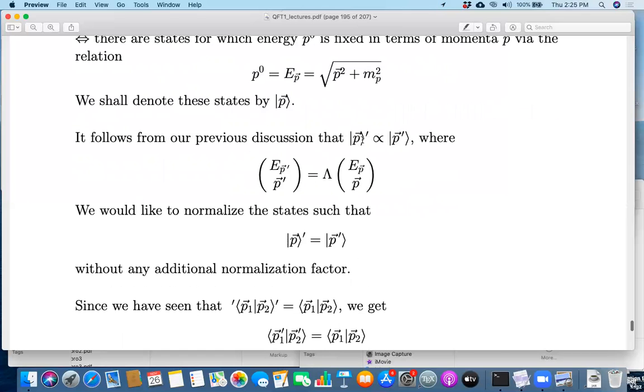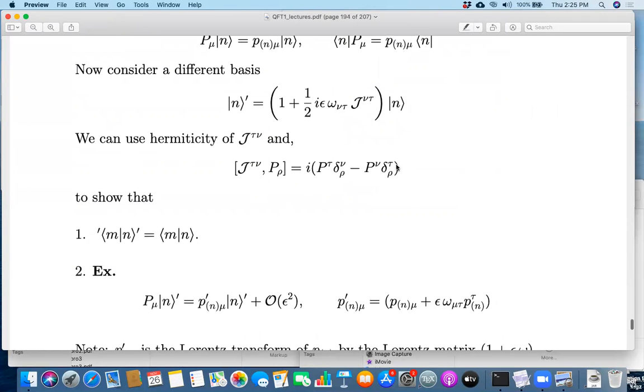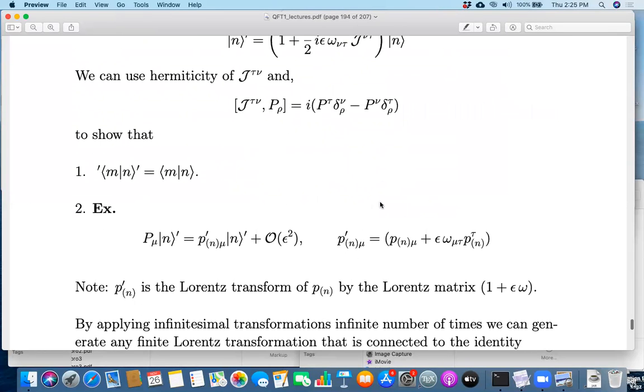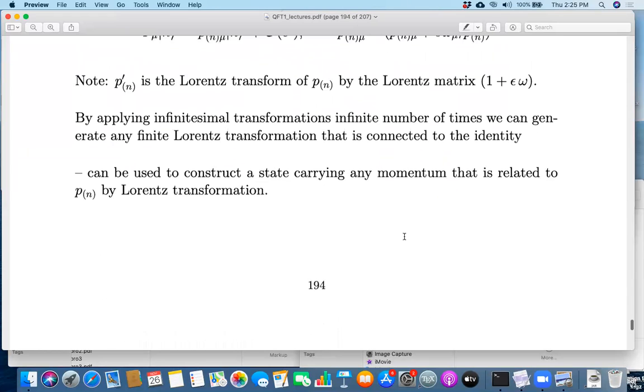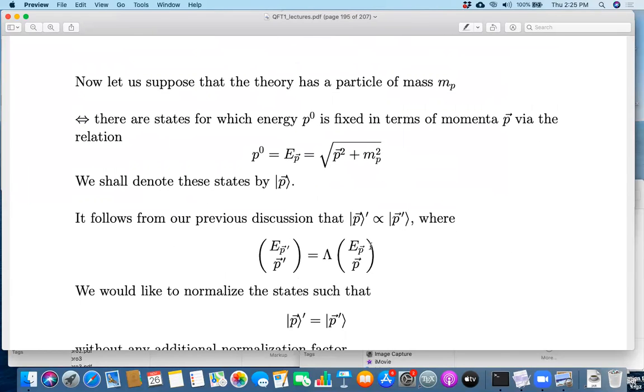Now, given this, notice the proportionality constant. Whatever we have discussed earlier, at this level, shows the eigenvalues are not equal, but the eigenvalues are related by Lorentz transformation.